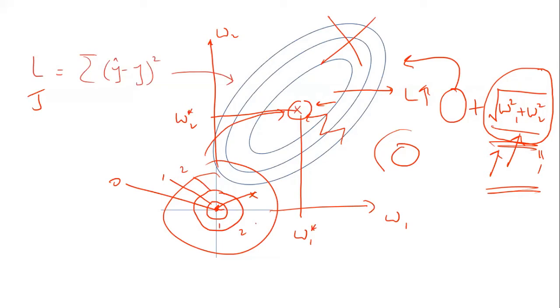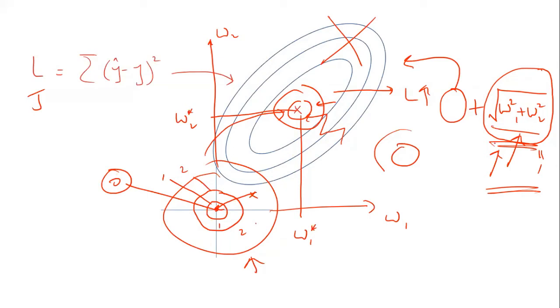Optimal weights are not necessarily at 0. But this equation is trying to minimize them. It's trying to say the optimal solution is when the weights are the smallest, where they're 0. The other one is saying that the optimal solution is over here. So this is one optimal solution, this is another optimal solution, and you're trying to have some kind of a combination of those two.